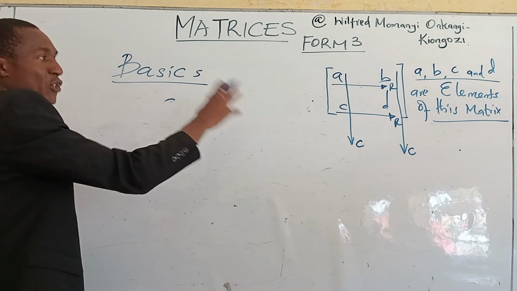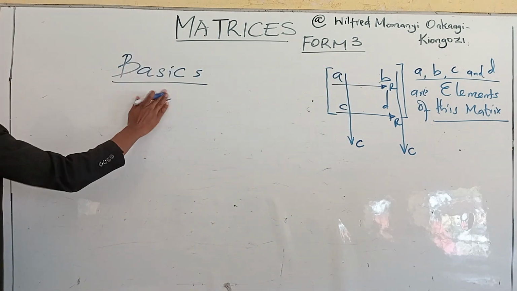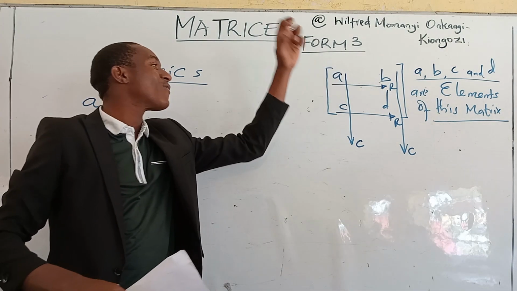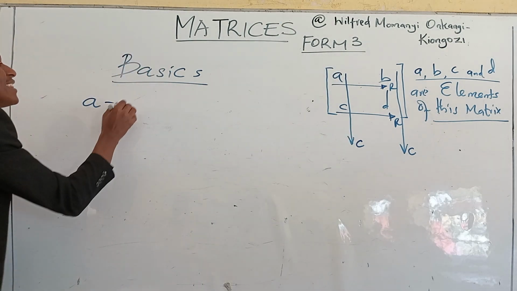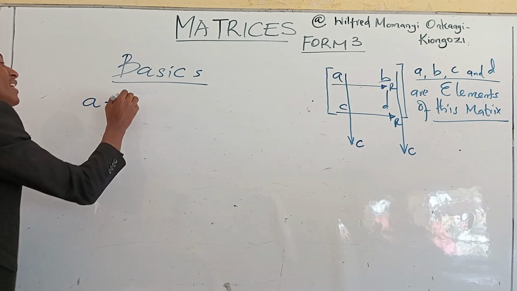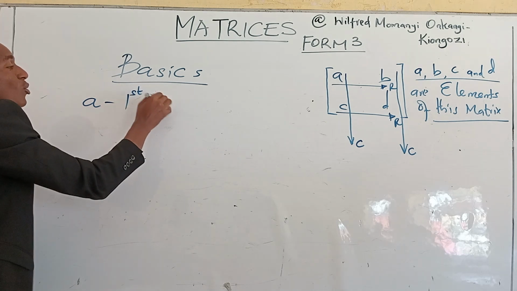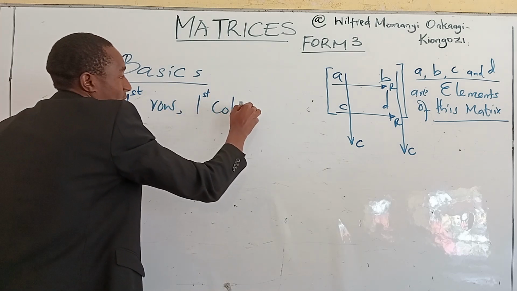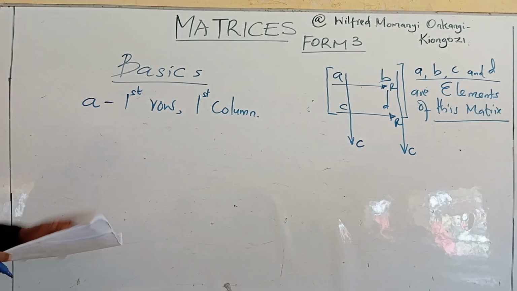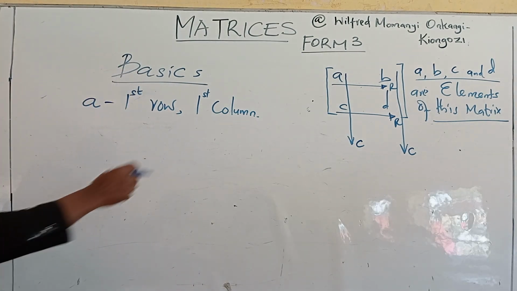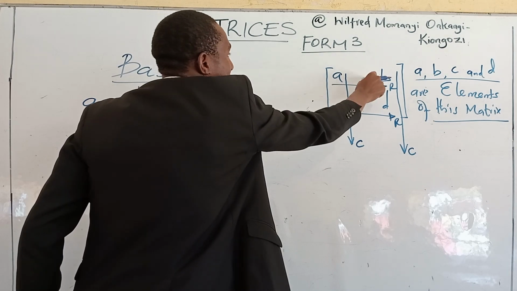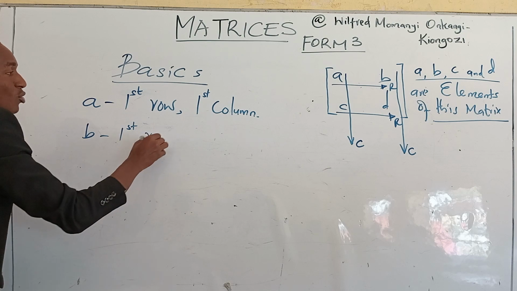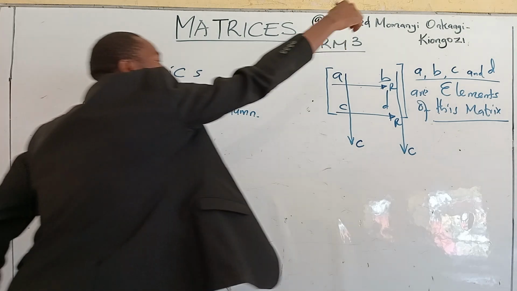If you want to check the positioning of these elements, we will say A is in the first row, first column. That is the position of element A. We go to B. B is in the first row, second column.